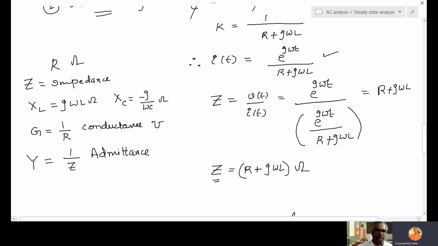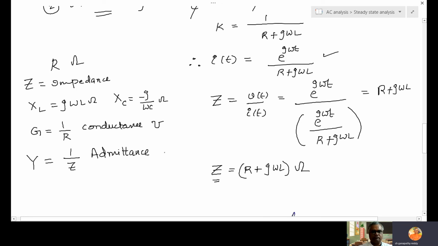Admittance, letter Y. If you want to fill a bottle with milk, we use a funnel. That shape is like a Y, and using this Y shape you can fill the bottle with milk. So that's why they used letter Y for admittance. And 1 by Z, reciprocal of impedance, is admittance.